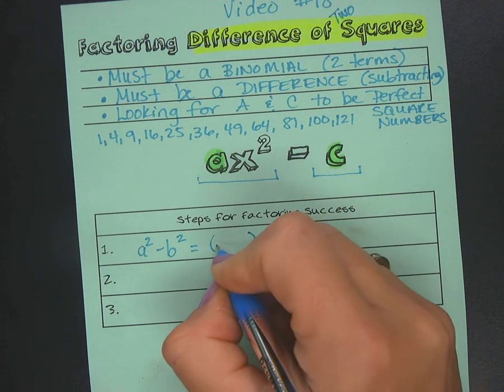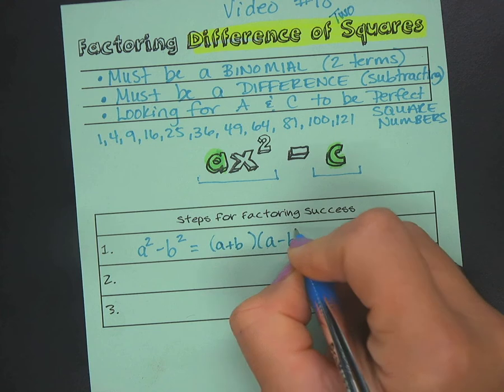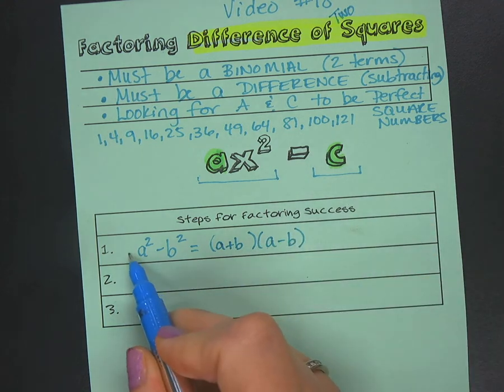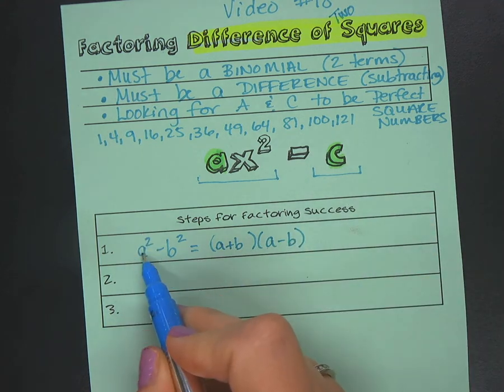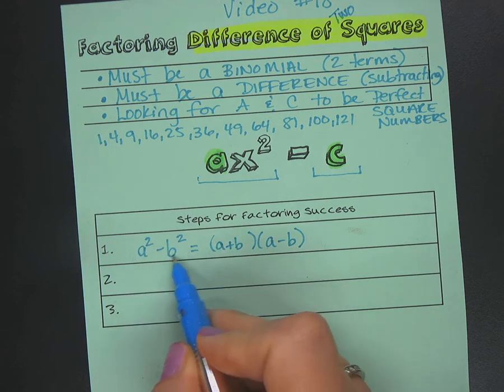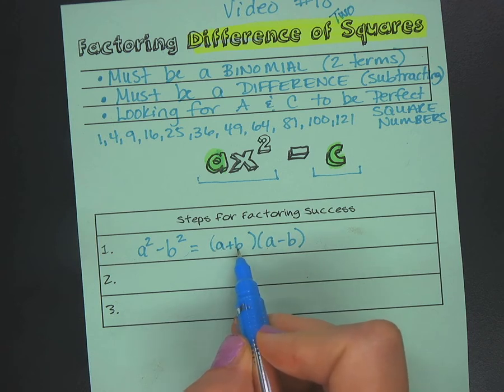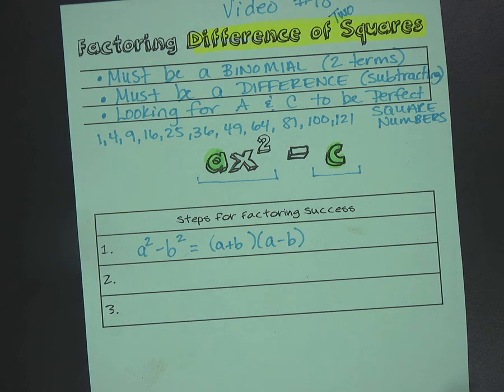If it does fit that pattern, here's how you factor it. You take the square root of the first term, so the square root of a squared would be a. The square root of the second term would be b, and your answer becomes a plus b times the quantity of a minus b.